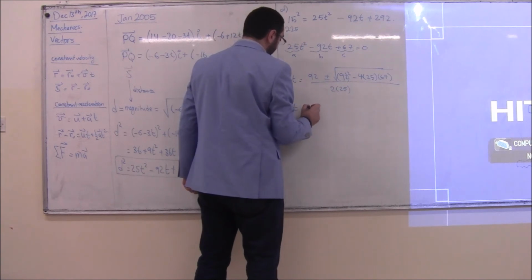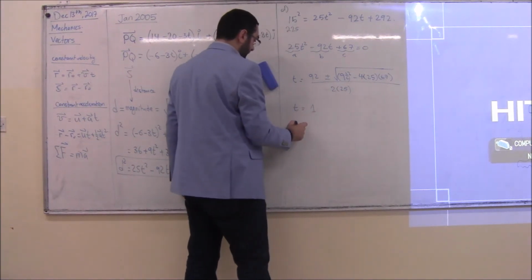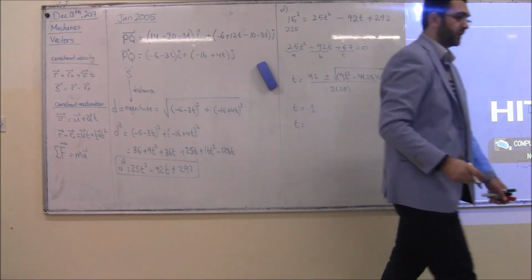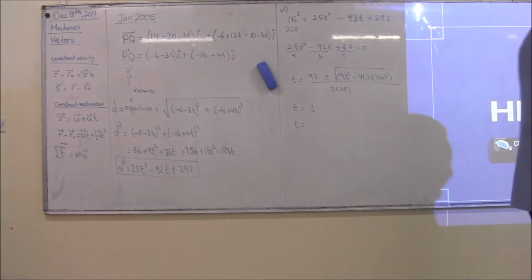One of the values of the time would be 1. The other value is 67 over 25.